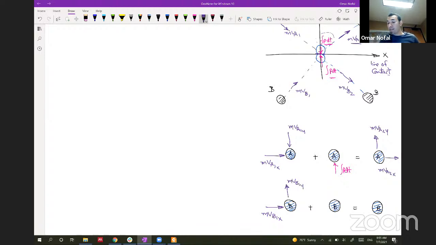And the impulse exerted by body A on body B is something like this. So you will have the integration of P dt, and after the motion, body B is going down, so you will have mVB2x and mVB2y. So this is how the bodies are acting together.